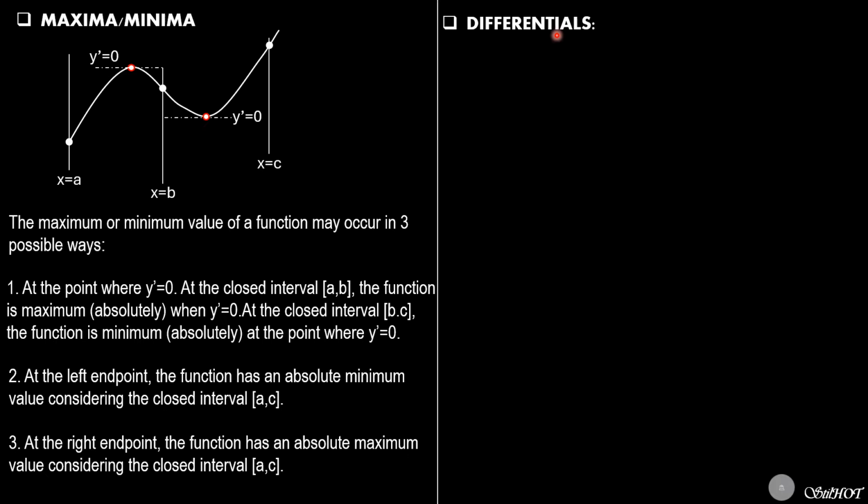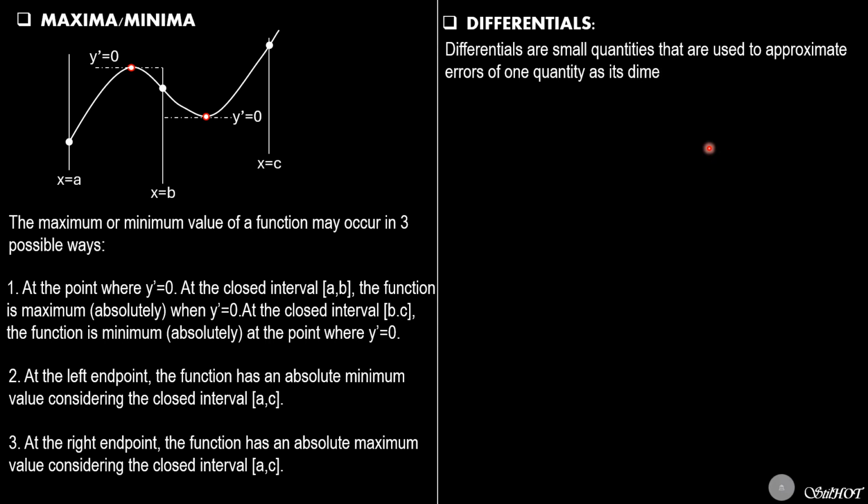So for differentials, these are used to estimate the relative error of the other quantity when the first quantity undergoes a small change. So we can also use this in approximating errors of one quantity when the other quantity changes by a very small amount.